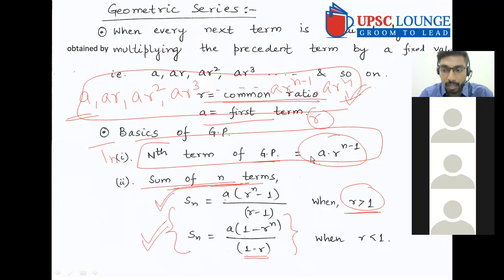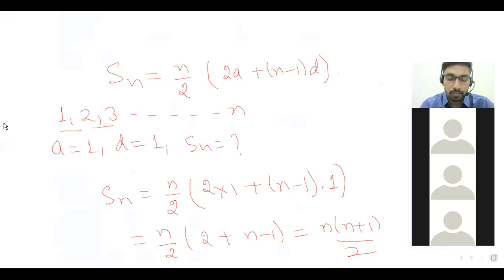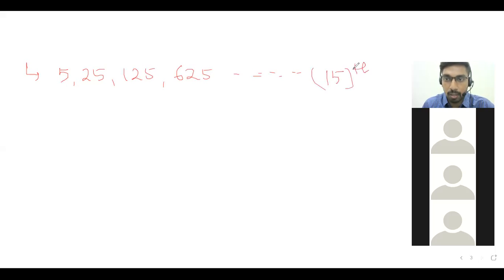Suppose I'm writing 5, 25, 125, 625, and so on. And I ask what will be, suppose, the 15th term of this GP. Okay, 15th term. So how will you proceed? I already told you.